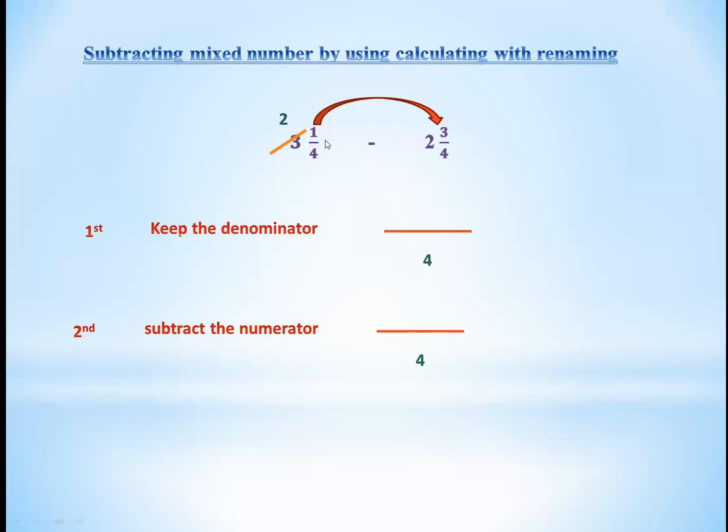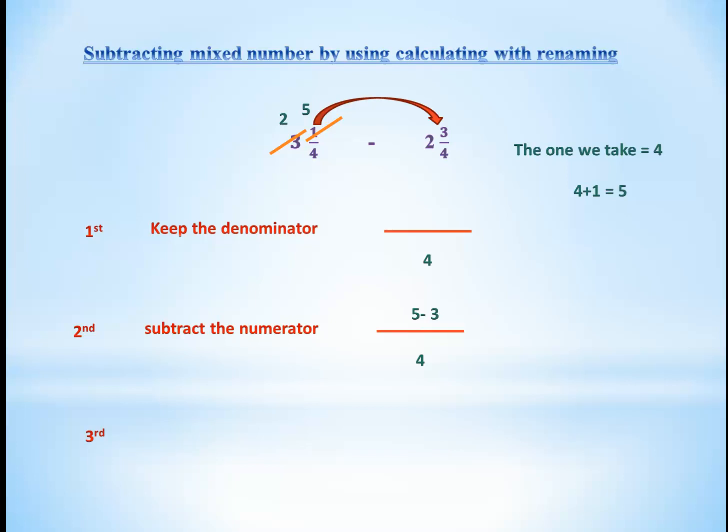Okay, so we know that the 1 I took from the whole number equals the value of the denominator. If the denominator here was 7, the 1 I took would equal 7. And we will put the 1 we took, equal 4. So 1 plus 4 equals, yes, 5. So the new numerator will be 5. And subtract 5 minus 3.